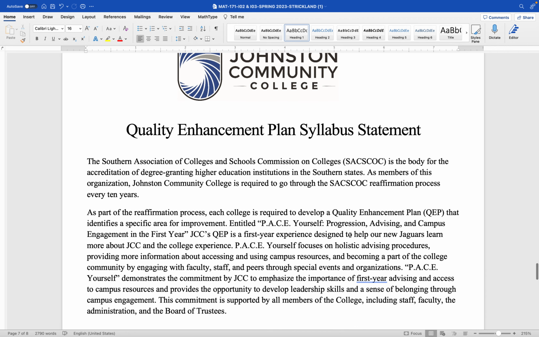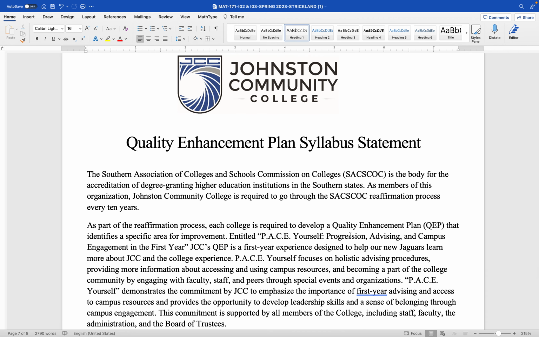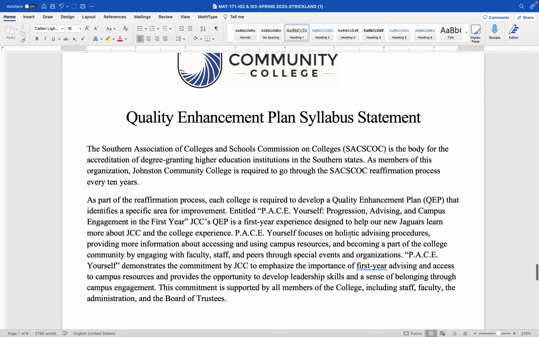And furthermore, throughout the school, we have the Quality Enhancement Plan Syllabus Statement. The Southern Association of Colleges and Schools Commission on Colleges is the body for the accreditation of degree-granting higher education institutions in the southern states.